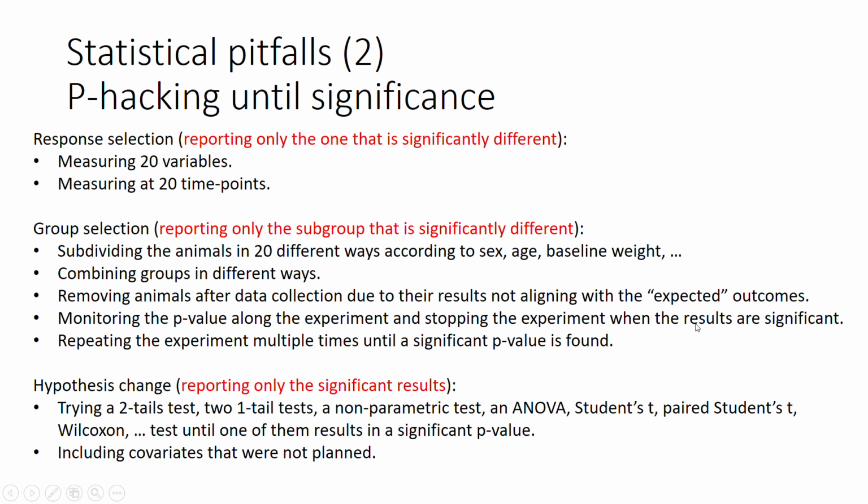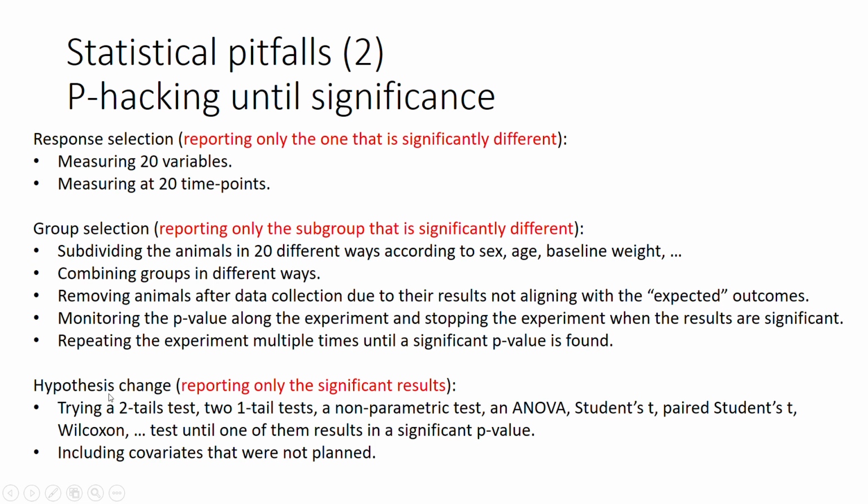So you do your experiment with 1 animal, 2 animals, 3, 4, 5, and when the p-value reaches this level of significance, you stop. Because there you're doing many tests: at every number of animals you are doing a test, and you risk this alpha false positive rate, rejection of the null hypothesis when it is true. Or repeating the experiment multiple times until you find the p-value. All this is group selection.